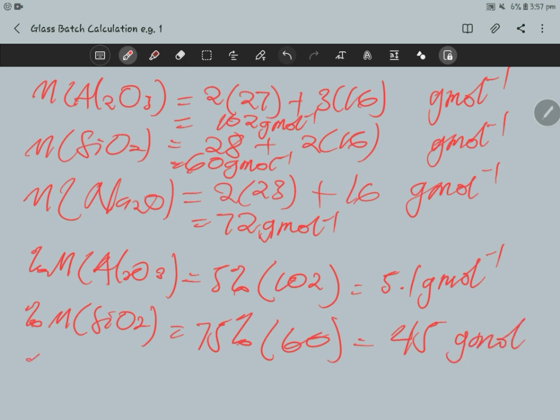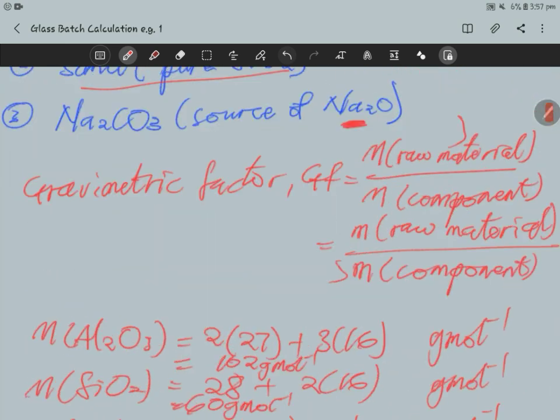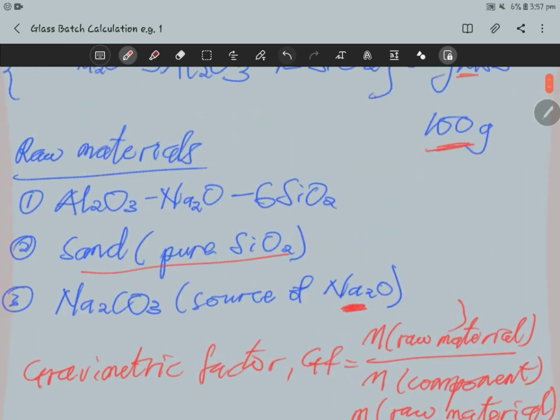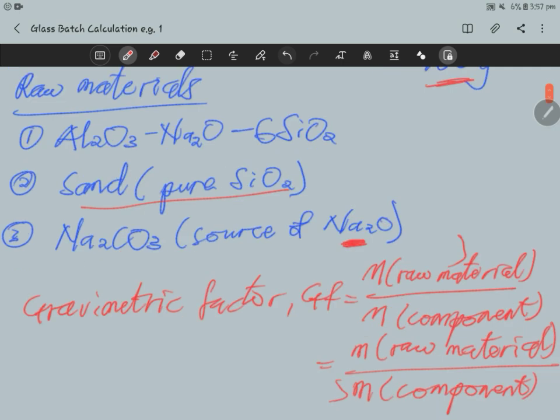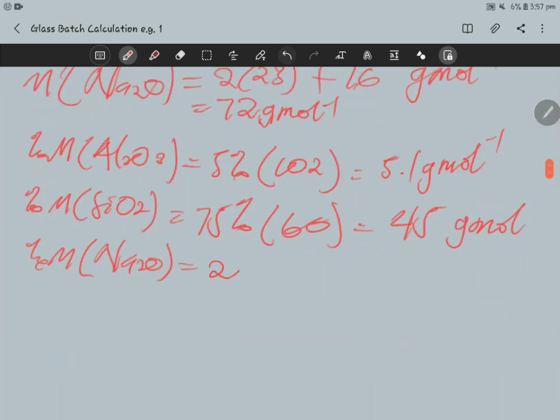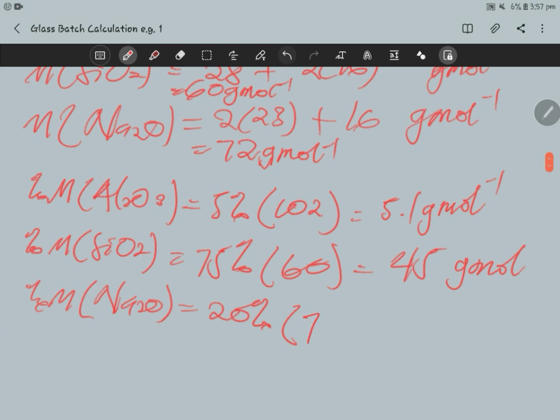And now the percentage molecular mass of Na2O. That is 20% of it. So 20% Na2O, 72.